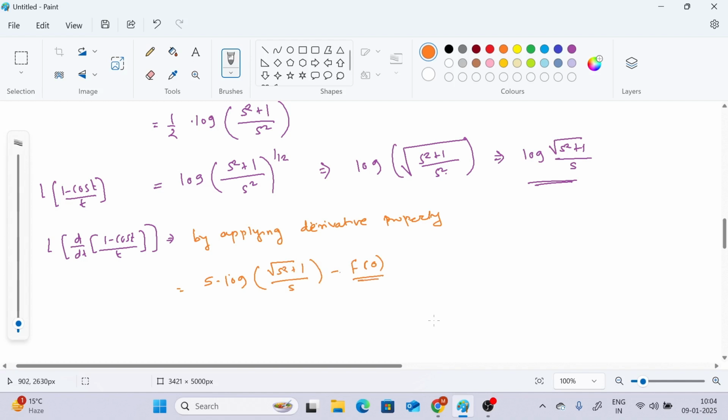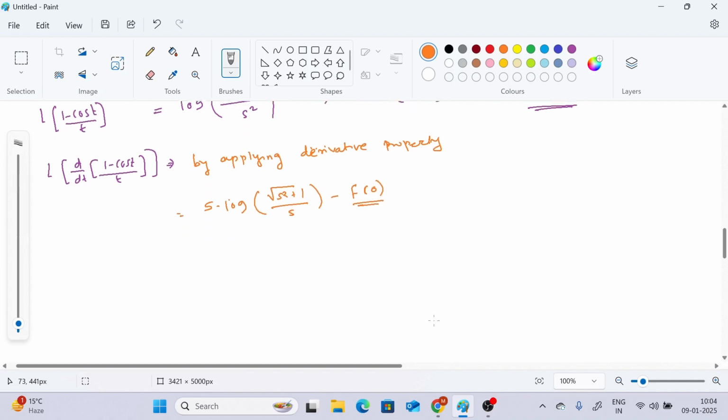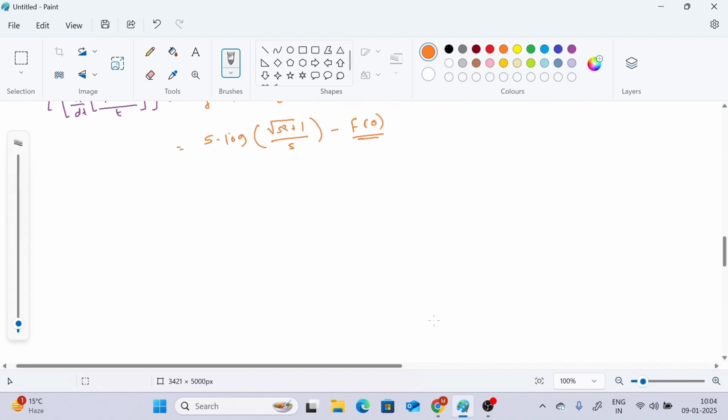Now, what is required? We have to find the value of f of 0. And how are we going to get that? In order to get that, I'm going to make another row. So f of t, that is f of 0, is equal to 1 minus cos of t upon t at t equal to 0.